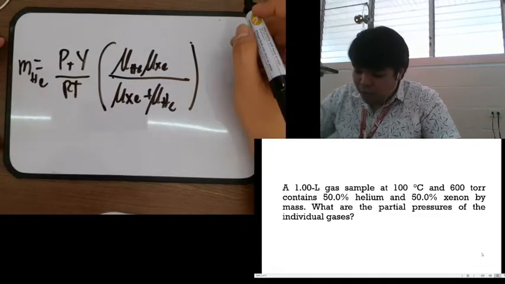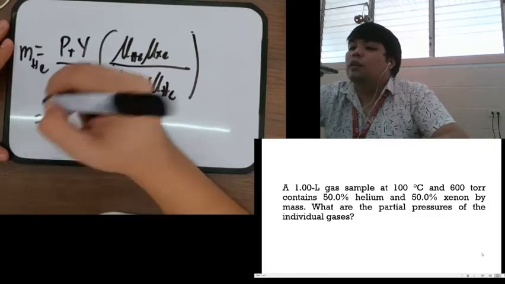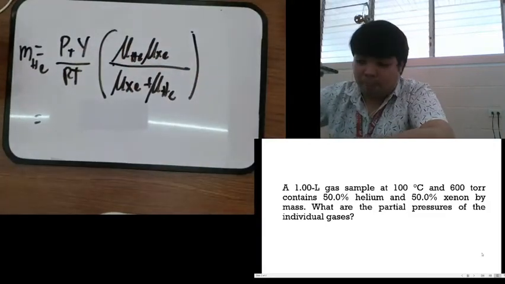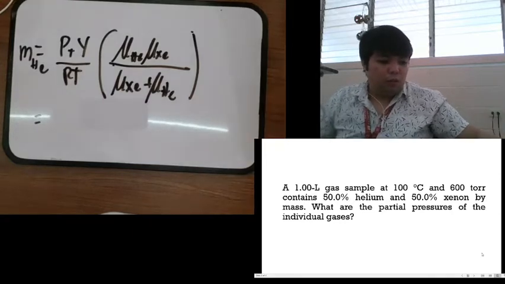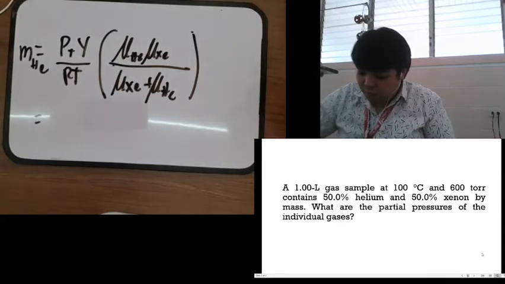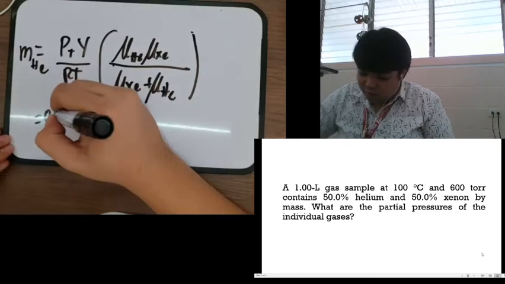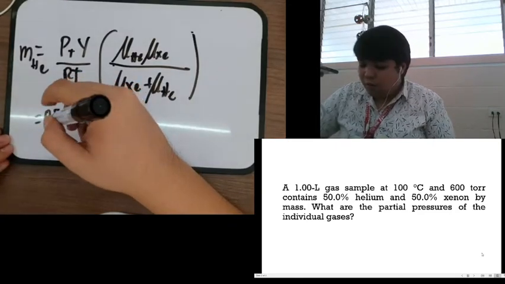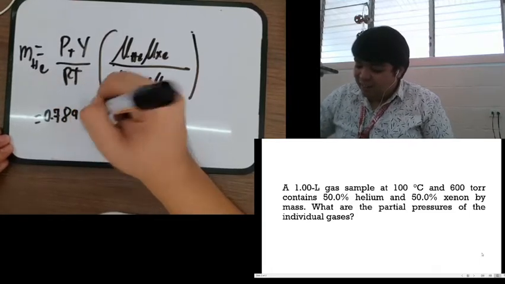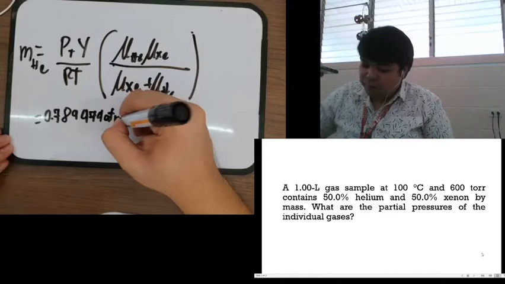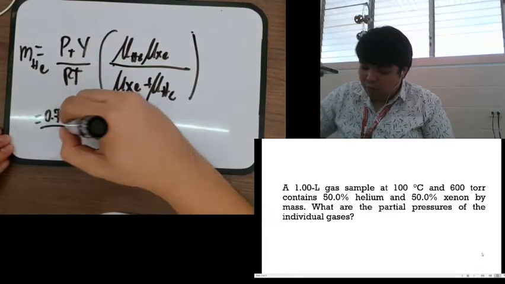So, then we plug in our values, which is 0.789474, multiplied by 1 liter divided by 0.08206.